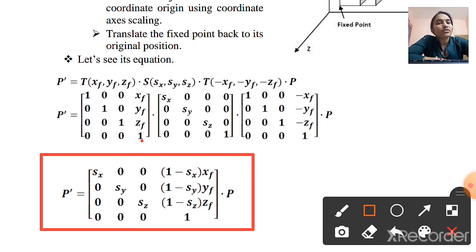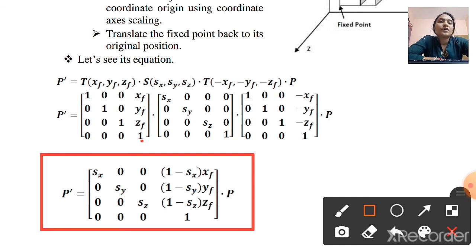So P dash equals sx 0 0 (1 minus sx) xf, 0 sy 0 (1 minus sy) yf, 0 0 sz (1 minus sz) zf, 0 0 0 1, into P. This one is our final matrix form for fixed point scaling.